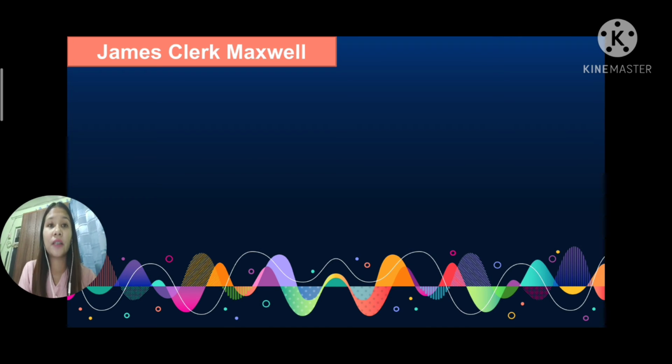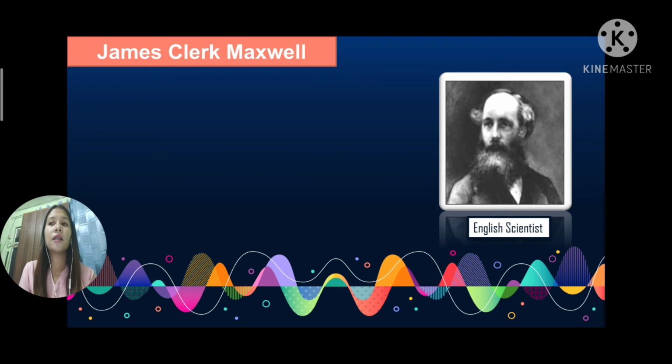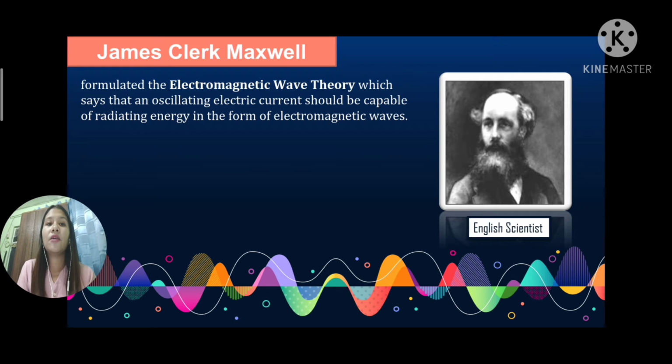Next, we have James Clerk Maxwell. In 1876, the English scientist James Clerk Maxwell formulated the electromagnetic wave theory, which says that an oscillating electric current should be capable of radiating energy in the form of electromagnetic waves.